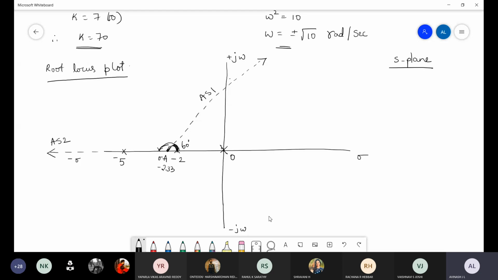Then asymptote number 3 is 300 degrees. 300 degrees means exactly the mirror image: the top angle is 60 degrees, so it will be just opposite of 60 degrees. That is asymptote 3, and its angle is 300 degrees. Can all of you draw this? Do you have any doubt? You can ask me.